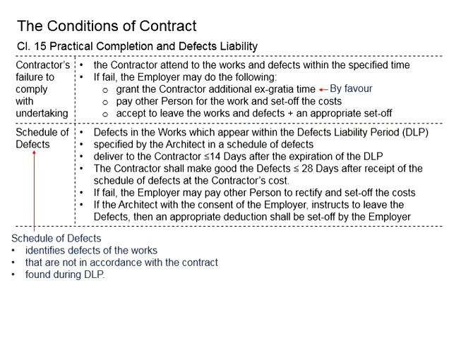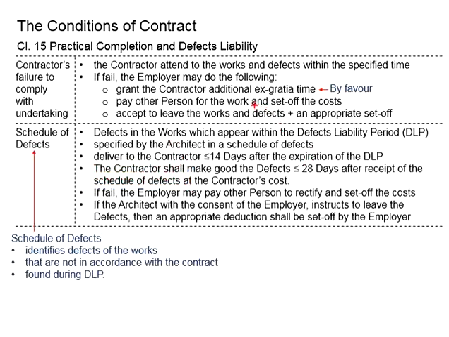As long as the schedule of defects reaches the contractor during the defect liability period or within 14 days after the defect liability period expired, the contractor will need to make good those defects. The cost will be fully paid by the contractor, and the work needs to be done within 28 days from when the schedule of defects reaches the contractor.